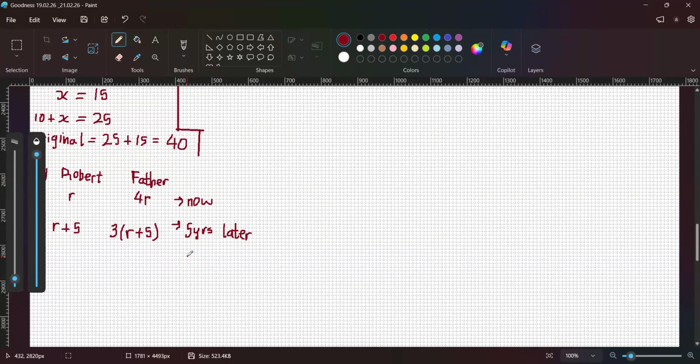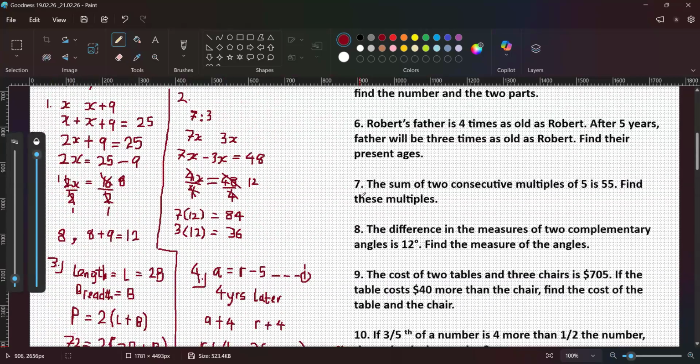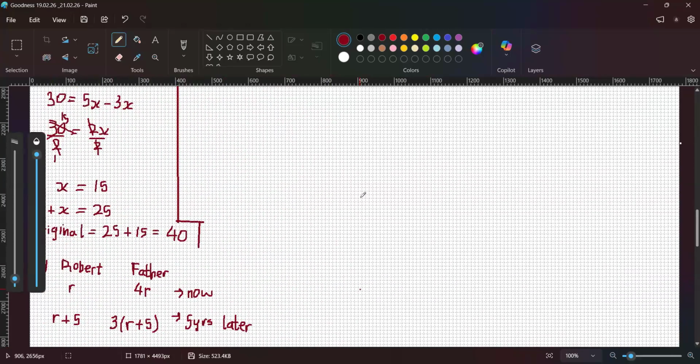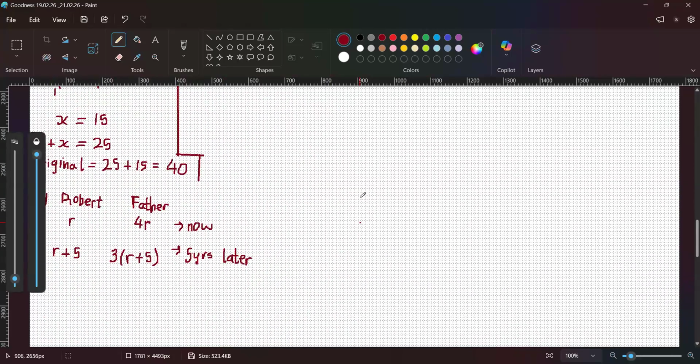And I'll get the father's present age, right? Yes, sir. Okay, so let's do that. Did they give us any other information? No, they didn't. Okay, so let's see how we can work within the parameters of what we have.